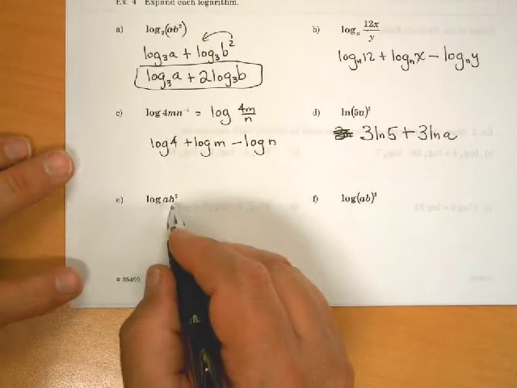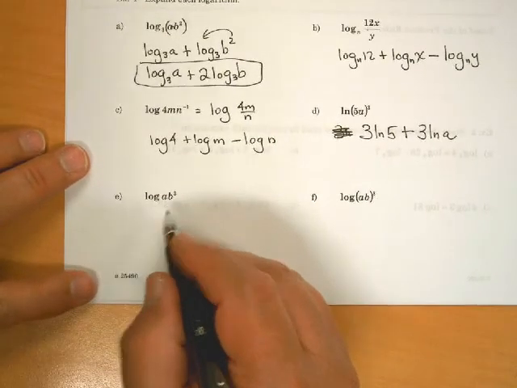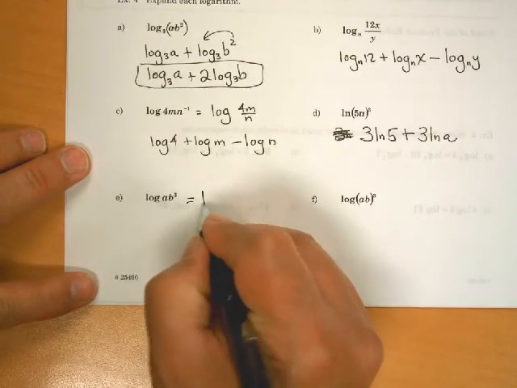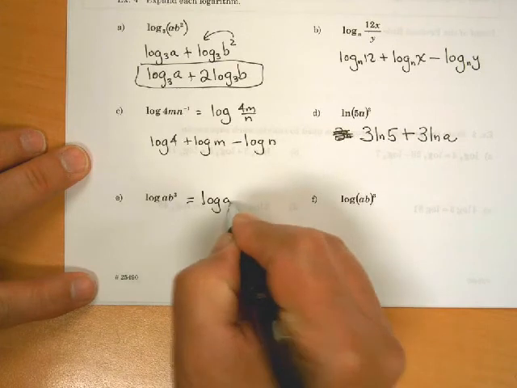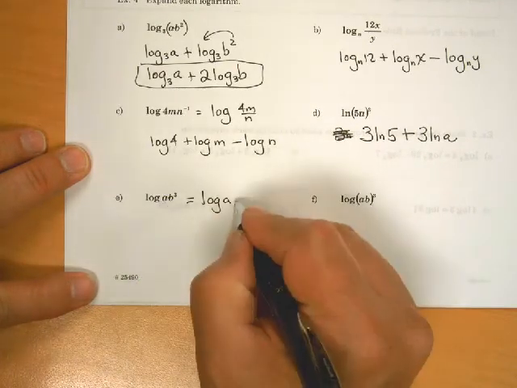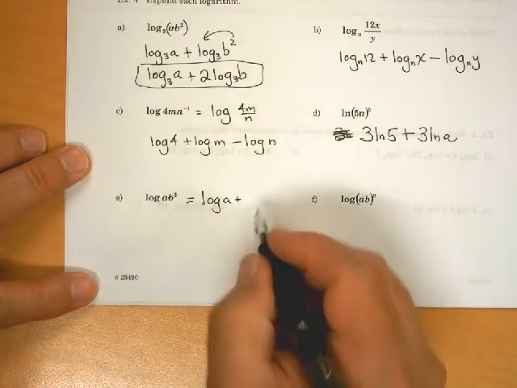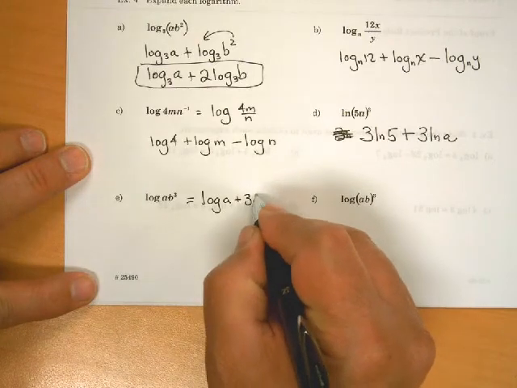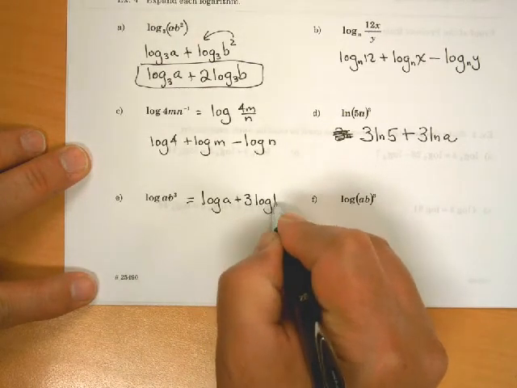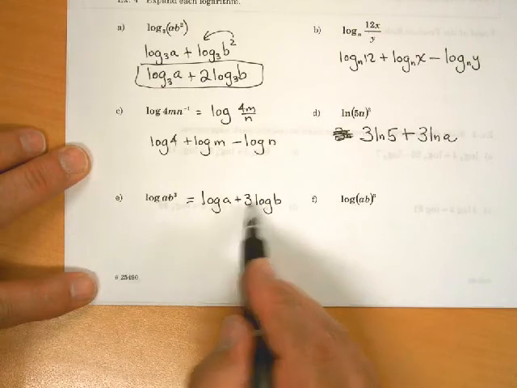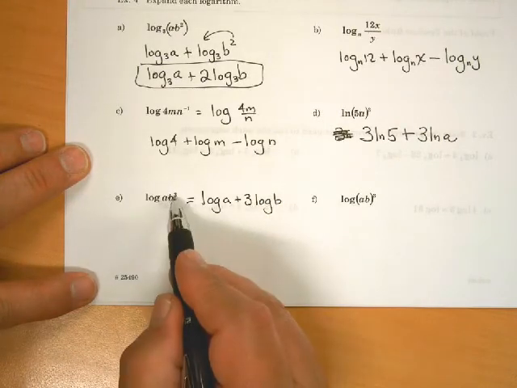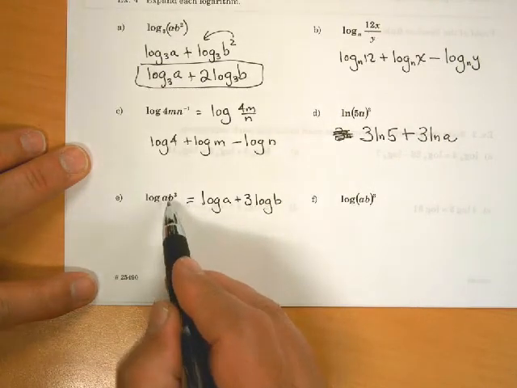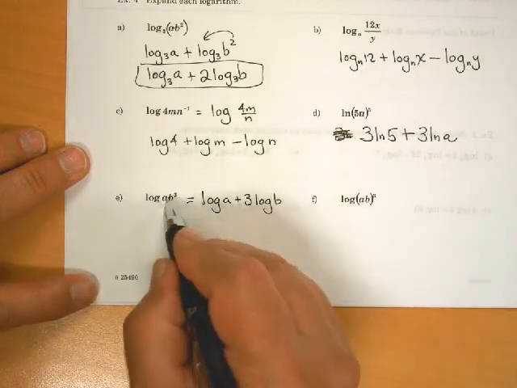Now down here, the third power only applies to the back half of it. So we're going to say common log of a. We hit a multiplication there, so I have to change it to plus. And now I'll go 3 common log of b. And you can see the 3 only applies to the back half, just like this third power only applies to the b part, that's the base b.